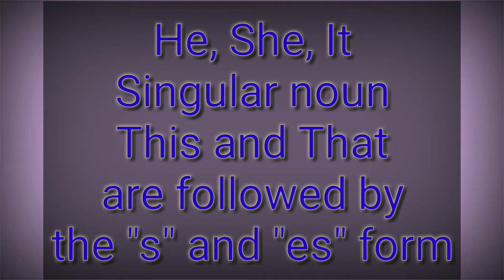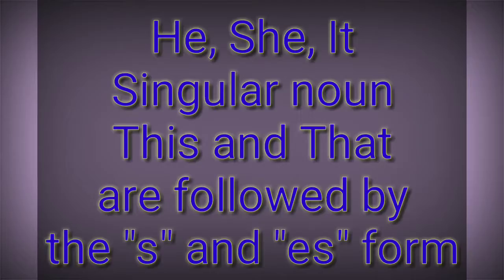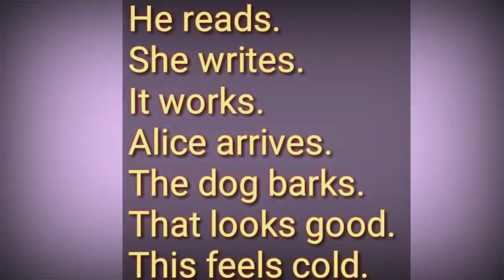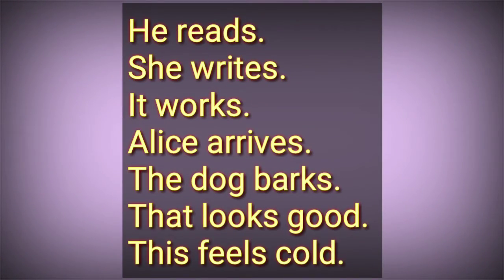The pronouns this and that are also followed by the S and ES forms of the verb if they are the subjects in the sentence. Look at these examples. He reads, she writes, it works, Alice arrives, the dog barks, that looks good, this feels cold.